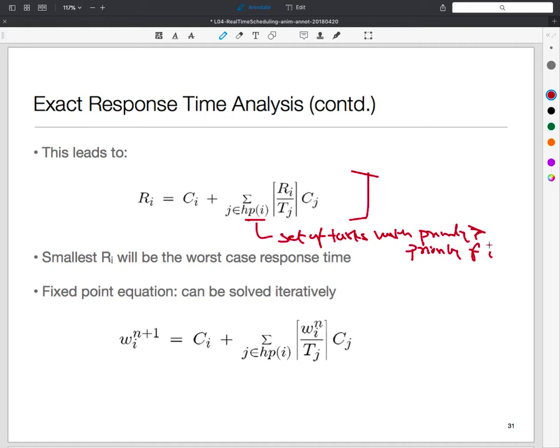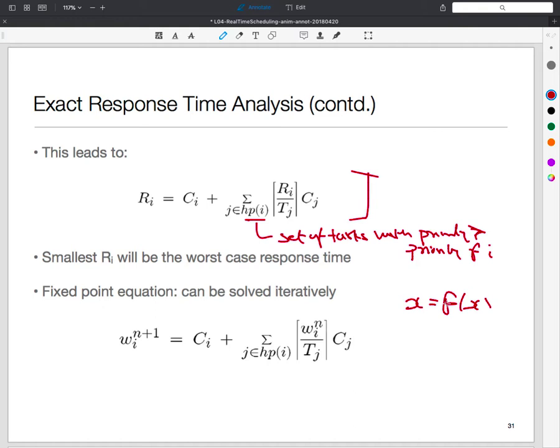So we have to find a solution to this thing, and in particular, we have to find the smallest value of R_i which solves this equation. You have R_i in the summation as well. I don't know if you've ever seen in any prior course equations of this form, x equals f(x), where f is something non-linear, because we have this weird ceiling function.